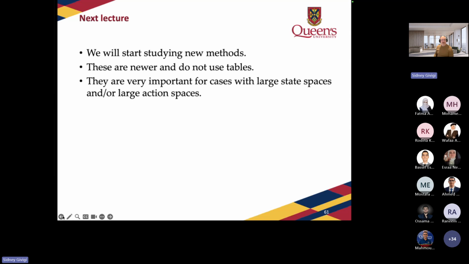We use that specifically because the problems that we want to solve nowadays are large. We have these large state spaces. We have large action spaces. And if we don't have a way to generalize the solution, we will not be able to solve them.